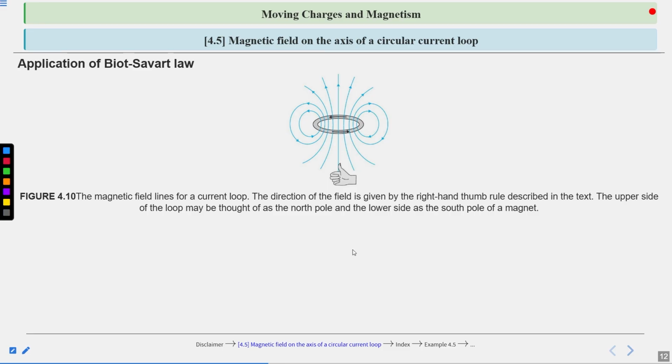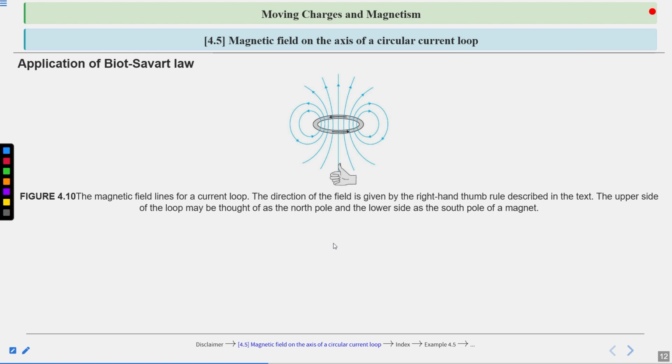Okay, now there is a trick. You are facing some end of the loop. If the direction of current on the face of the loop which you are seeing is anti-clockwise, then that end of the loop is the north pole. If the direction of current is clockwise, then that end of the loop is the south pole.